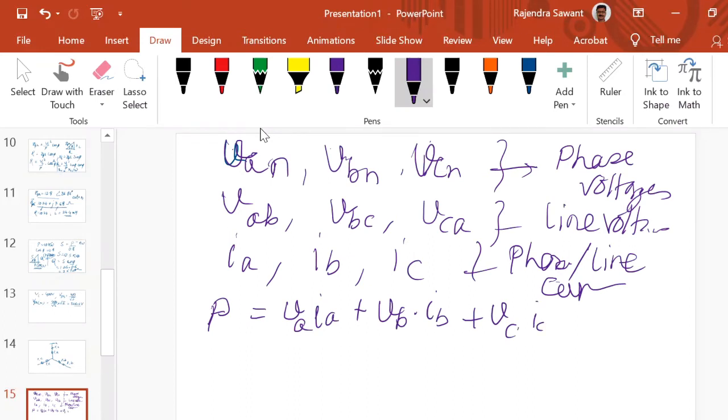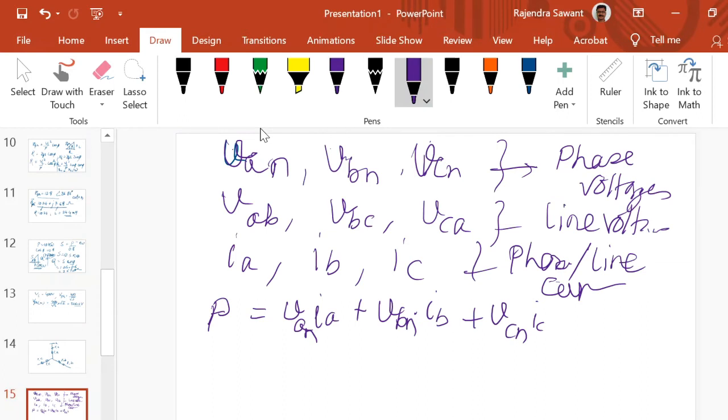Here VC is VCN, VB is VBN, VA is VAN. So multiply the A phase voltage and A phase current, multiply the B phase voltage and B phase current, multiply the C phase voltage and C phase current, and take the summation.